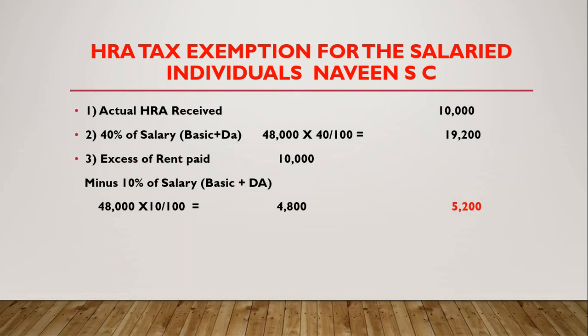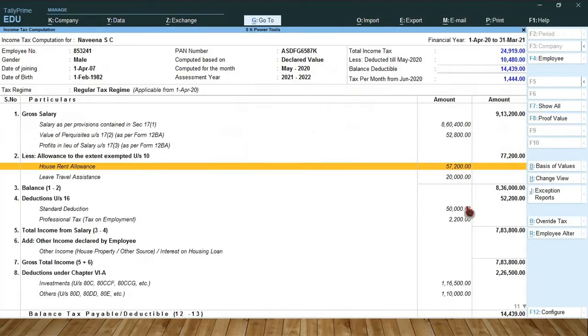Check it in the report. 57,200. So this is Naveen's house rent allowance.